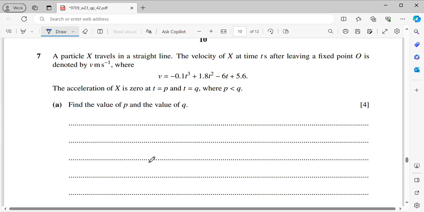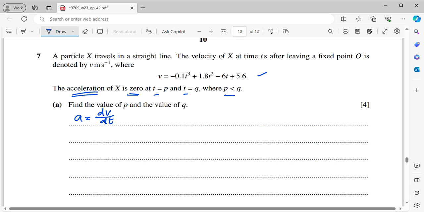A particle x travels in a straight line, and this is the velocity. Now, the acceleration of x is 0 at t equals to p and t equals to q, where p is less than q. Find the p and q. So this is the acceleration. So we know that acceleration is dv over dt.